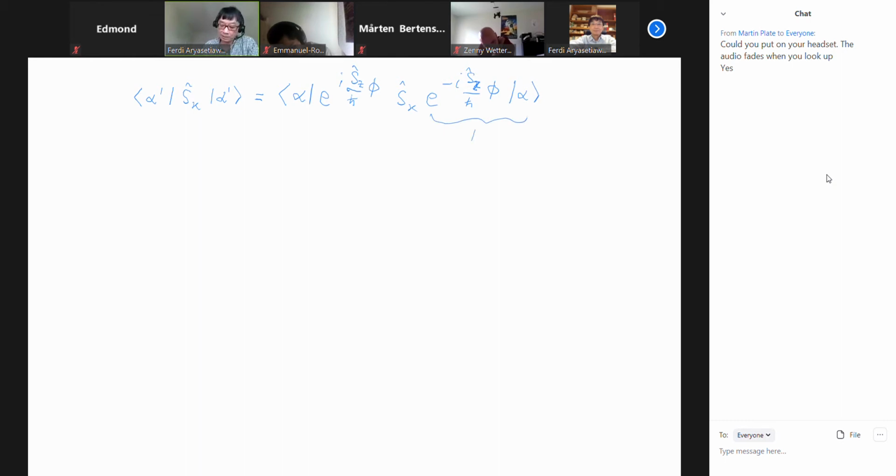So that's my alpha prime. So now all we have to do is look at these operators here. So we want to calculate the operator. To do that, we just insert the rotation operator.